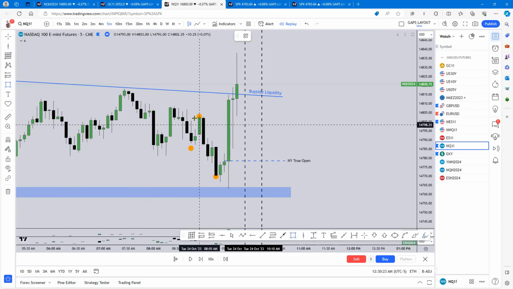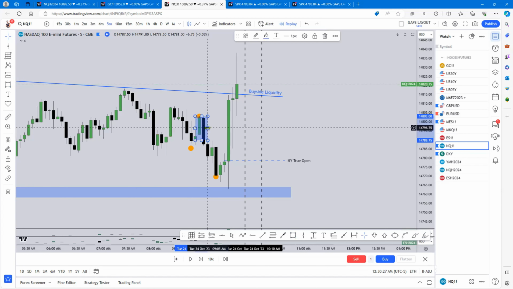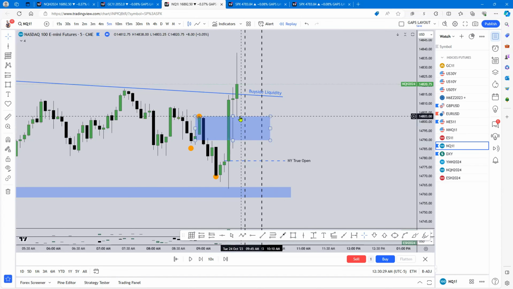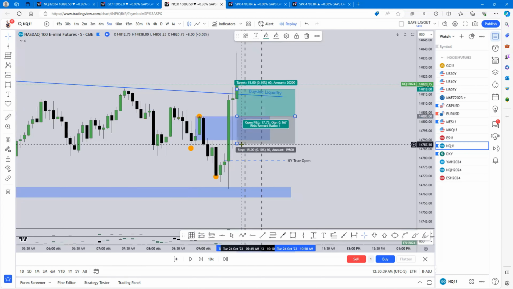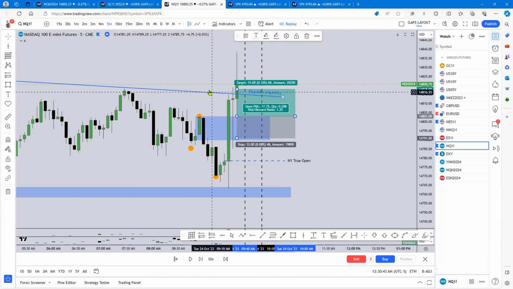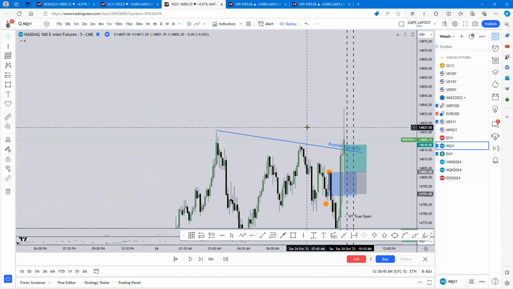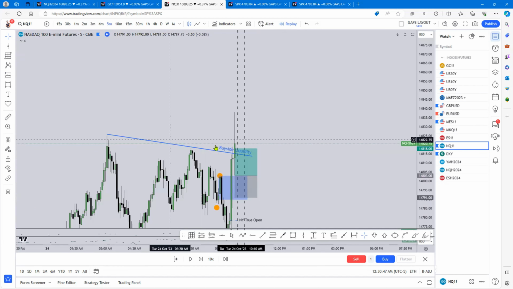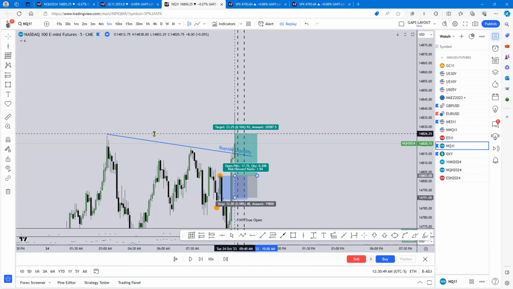So we have a breaker right in here. These last two up close candles. So it could have been a buyer at the top of here, or as we're driving higher, can be long in here. Stops at 12. And then we can target this high.